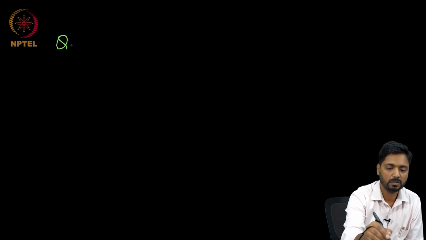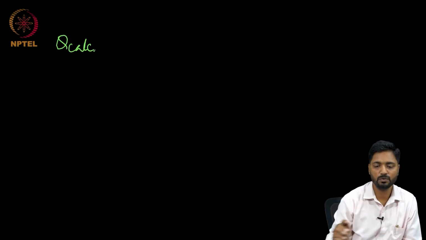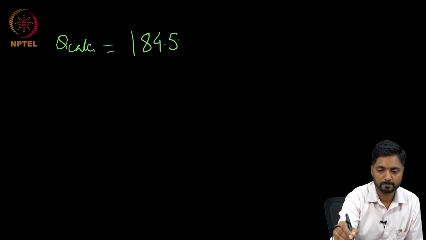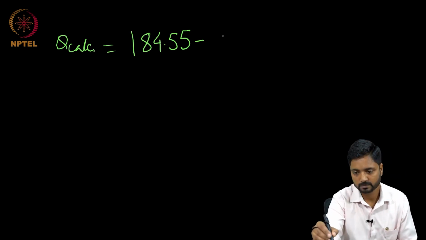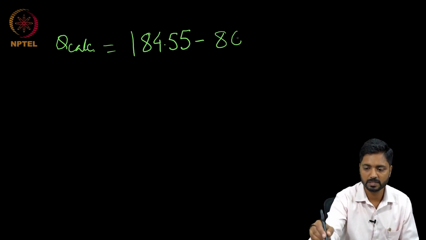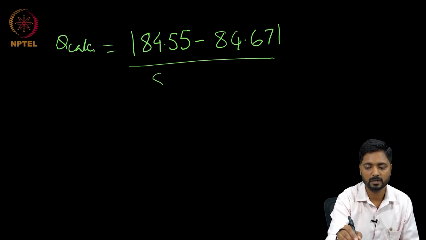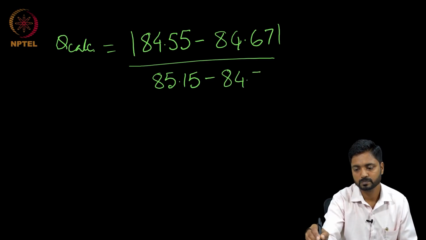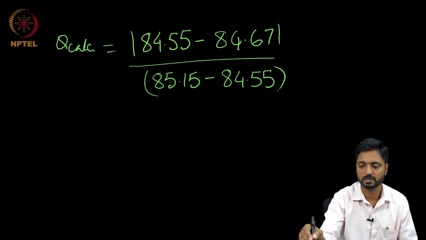Similarly, when we do the exercise for the smallest value of length, which is 84.55, the nearest reading to it is 84.67 and the width of the data, or the spread of the data, is this.